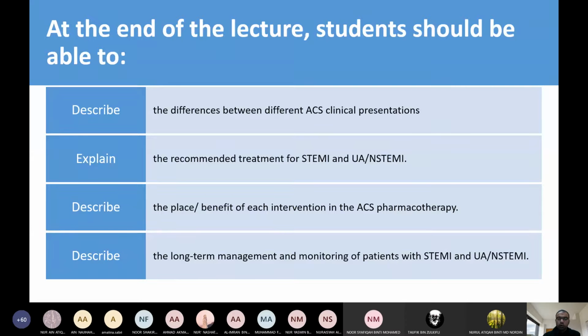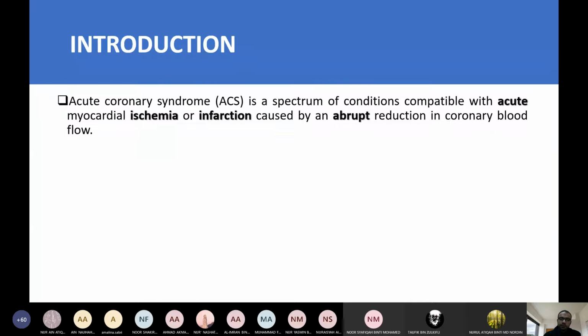Yes, doctor. Okay. As you mentioned, acute coronary syndrome has different presentations, so we can say it is a spectrum of conditions. The hallmark common between them is that it is acute, of course, unlike what we discussed last week.